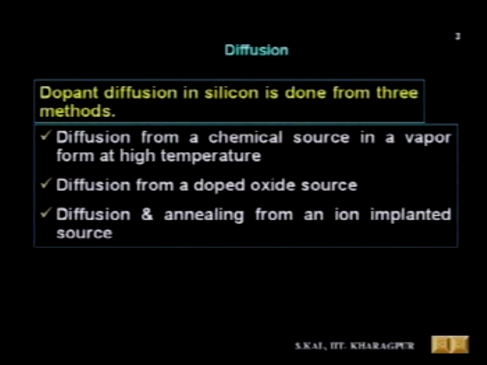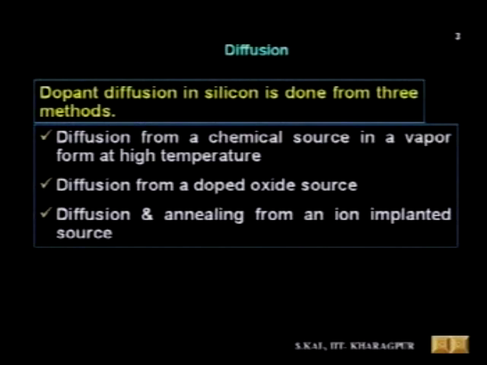But if the source is liquid, then you have to have a certain arrangement for changing the liquid into its gaseous form, and for that we use a bubbler. I will discuss the bubbler arrangement in detail when I discuss POCl3 diffusion.